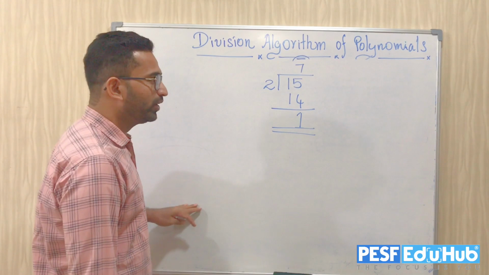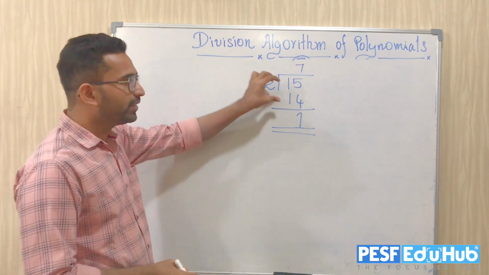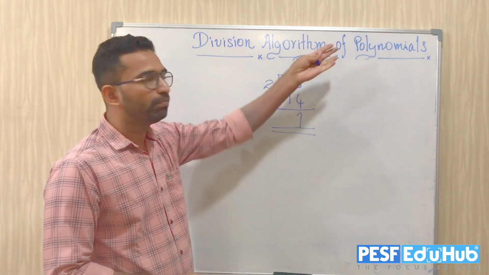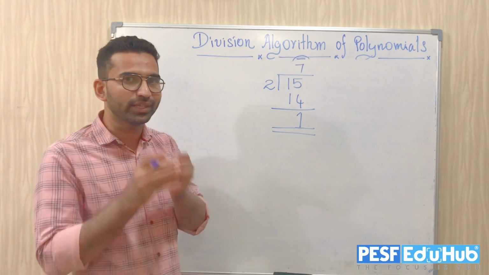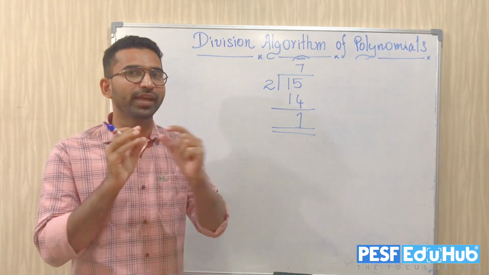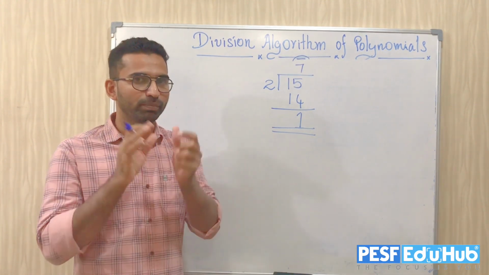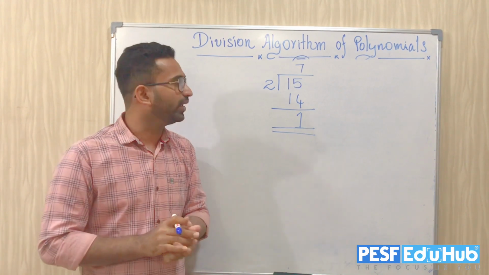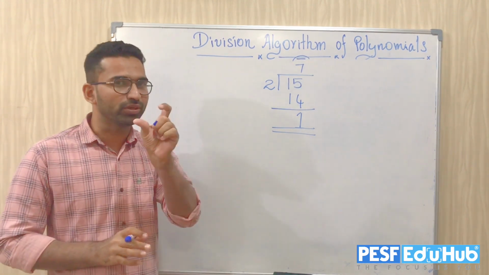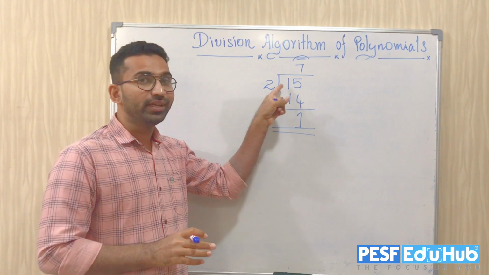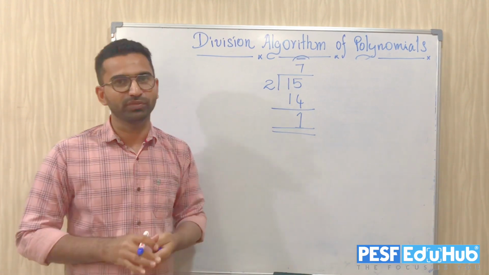Now what we are going to do, we are going to extend this idea for the polynomials. That's all. Because in the case of polynomials, you will be having expressions. You remember P of X, all these things. So that polynomial concept, we are going to write instead of numbers. Then your answer is over.